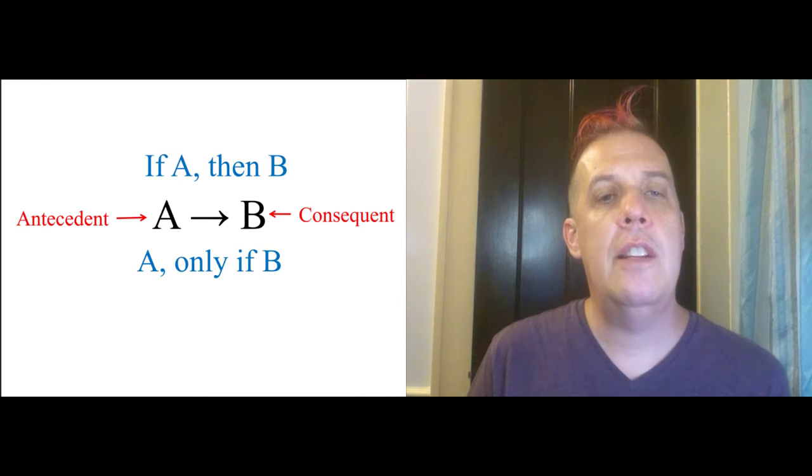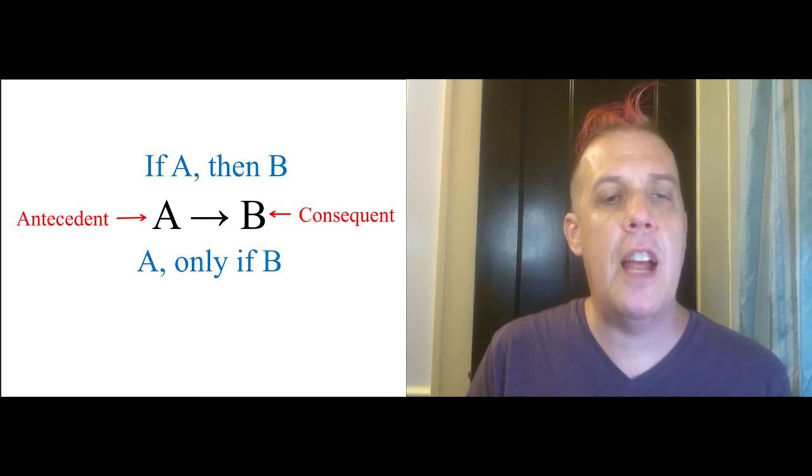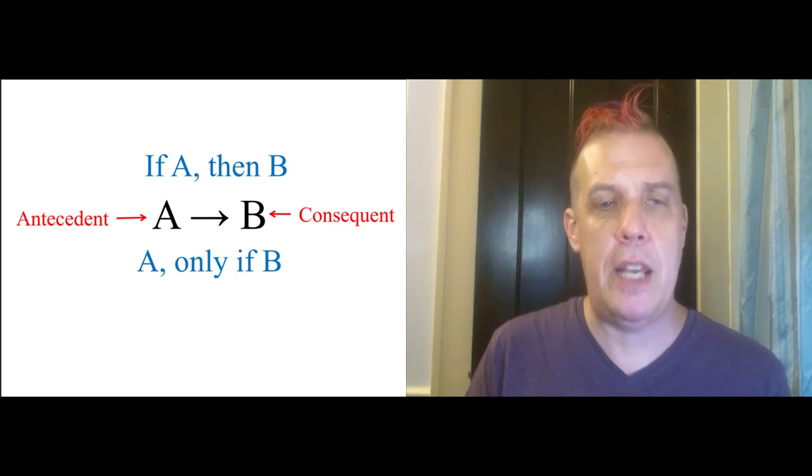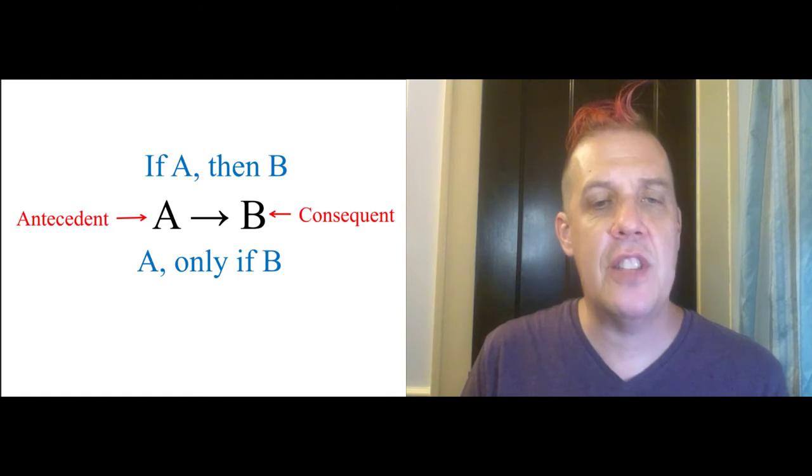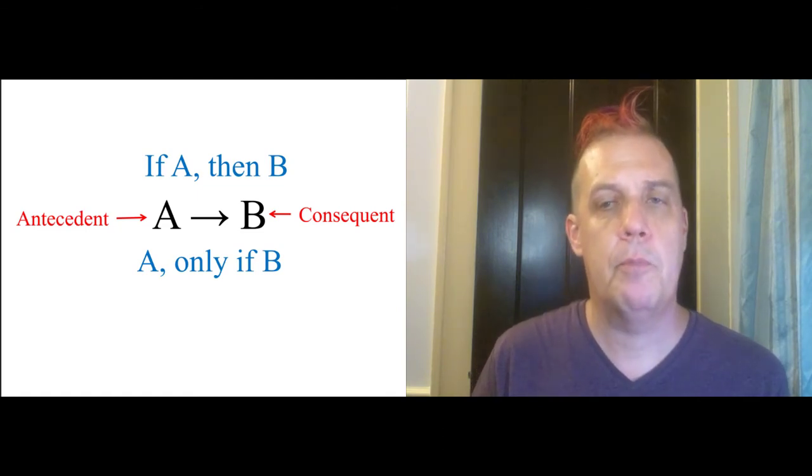So if A, then B is represented A arrow B, or it could also be represented A only if B, because in the second sentence, the only if is introducing the consequent.